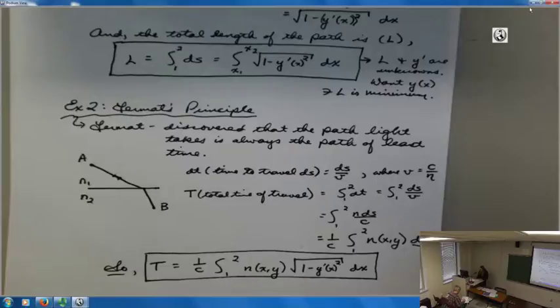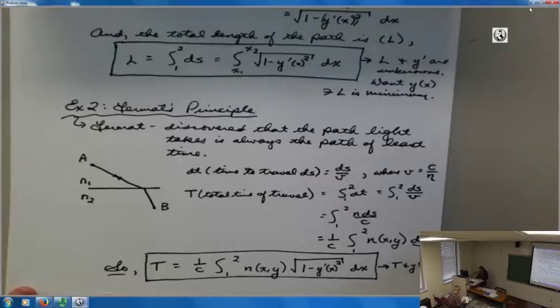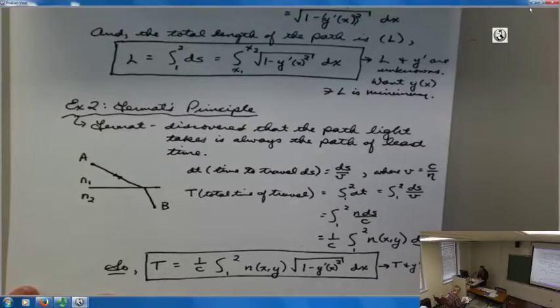So again, if we know that n as a function of location is known, we still have this total time of travel and this y prime of x as unknowns in this equation. I've got two equations, two unknowns.